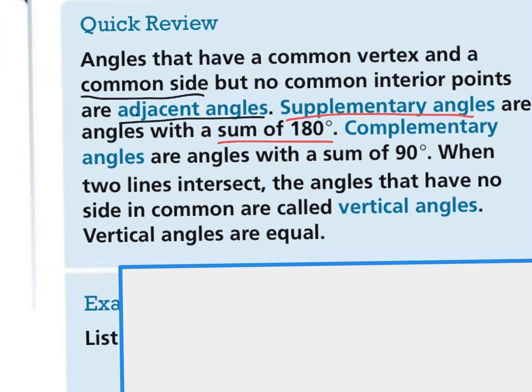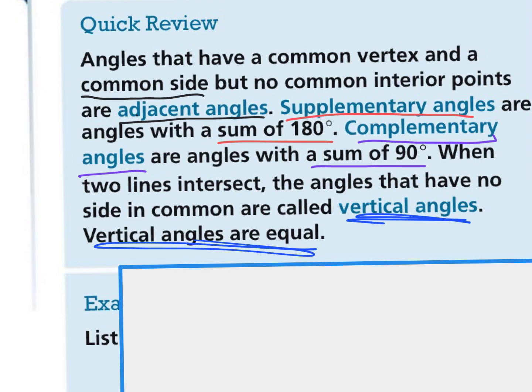They add up to 180 degrees. Complementary angles add up to 90 degrees. And then if 2 lines intersect, and you continue those lines further, then those would form vertical angles, and vertical angles are equal or congruent to each other.